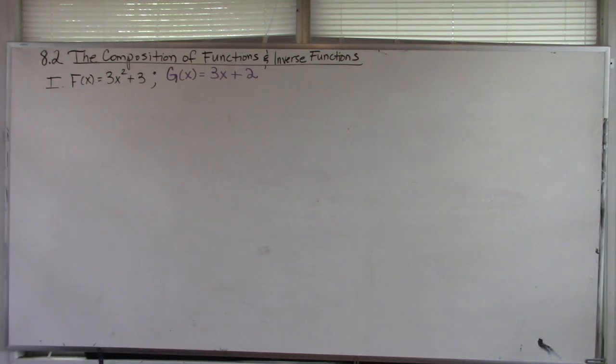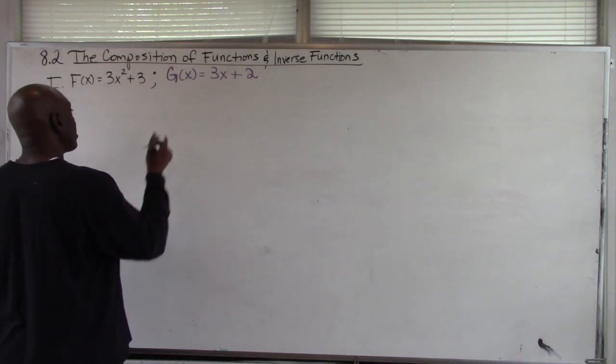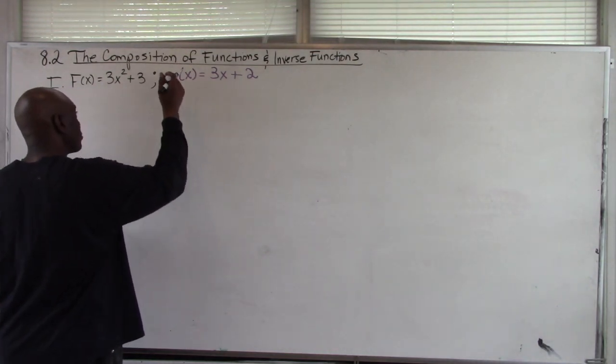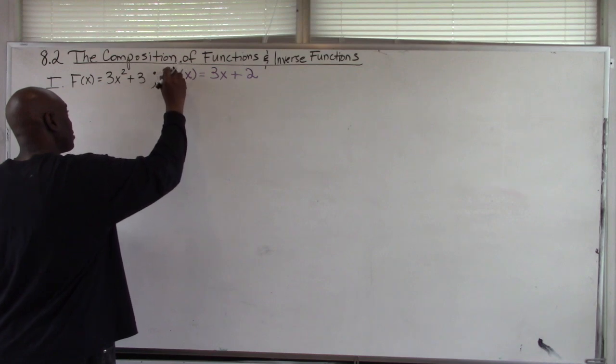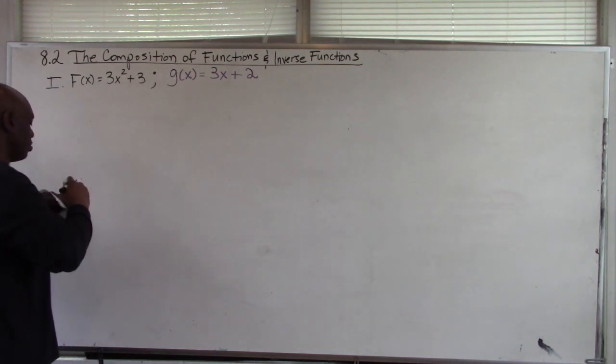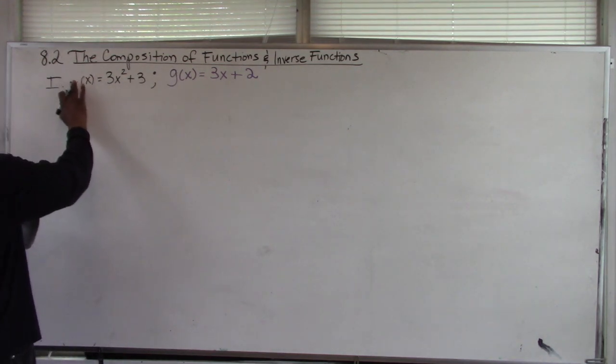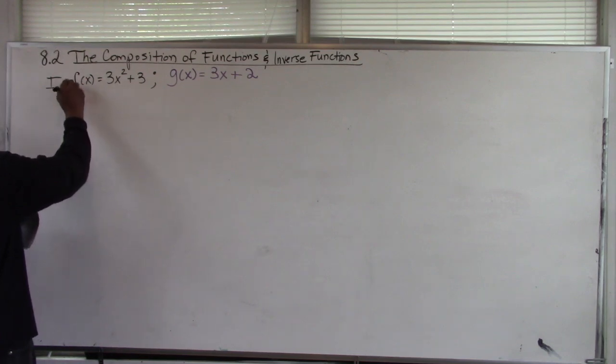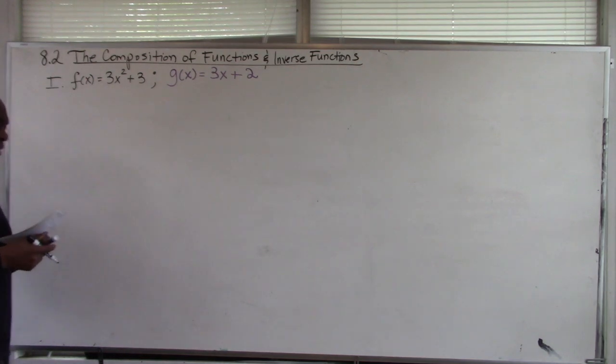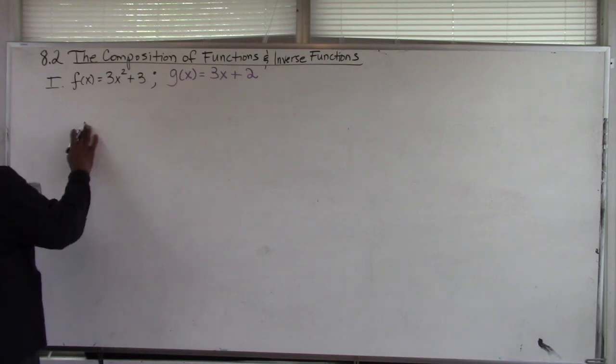All right. You know what? Let's make these lowercase, not capitals. There we go: g of x, and let's make this f of x, lowercase. All right. So here we go.